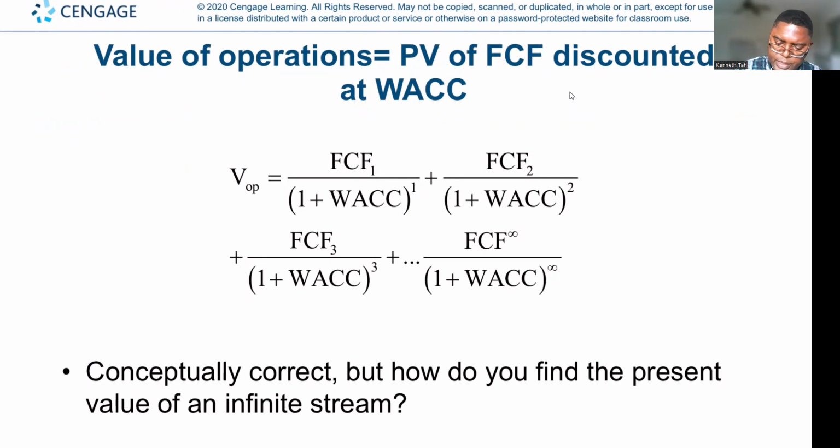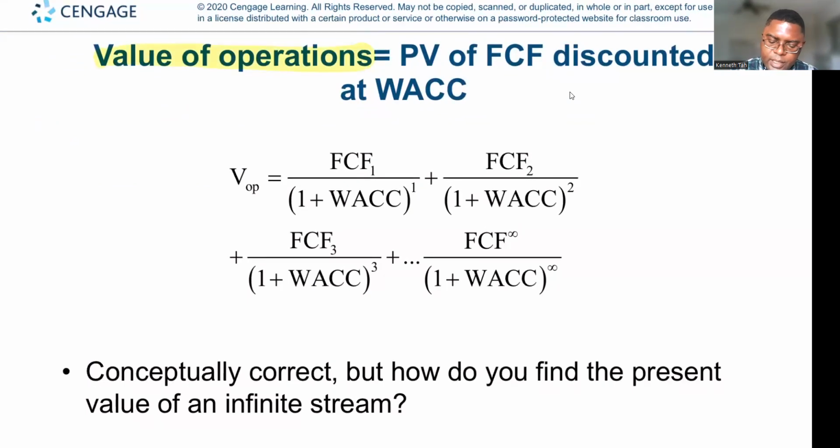we're interested in the value of operation. It is going to be the present value of all free cash flows. And those free cash flows are discounted at WACC. So we use the weighted average cost of capital in calculating the present value of all free cash flow.